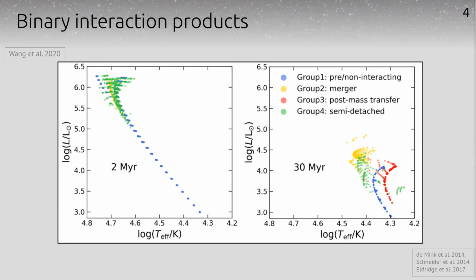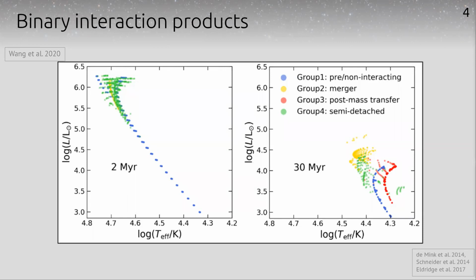However, if we wait for 30 million years, then a lot of these systems had time to interact already. And suddenly there's other regions in the color magnitude or Hertzsprung-Russell diagram which become populated, for example, by merger stars, which appear above the main sequence, which we observationally would call blue stragglers, stars that seem younger than they should be with respect to their sibling stars in a star cluster.